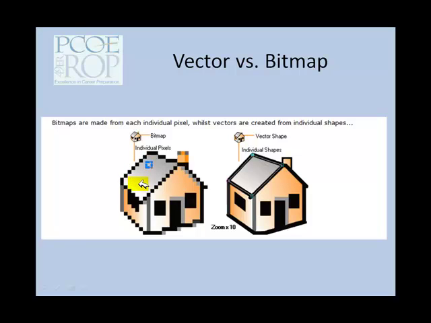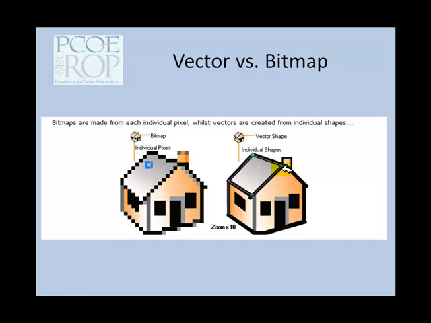The screen, while it looks smooth, is really just a checkerboard of little tiny squares called pixels. And when you resize a pixel-based image too big, it gets jaggies, like this house you see here on this side.